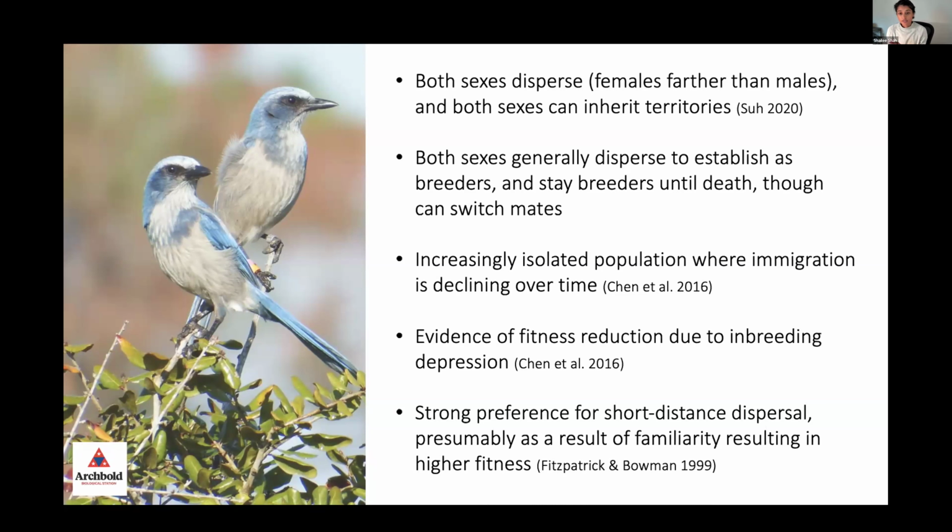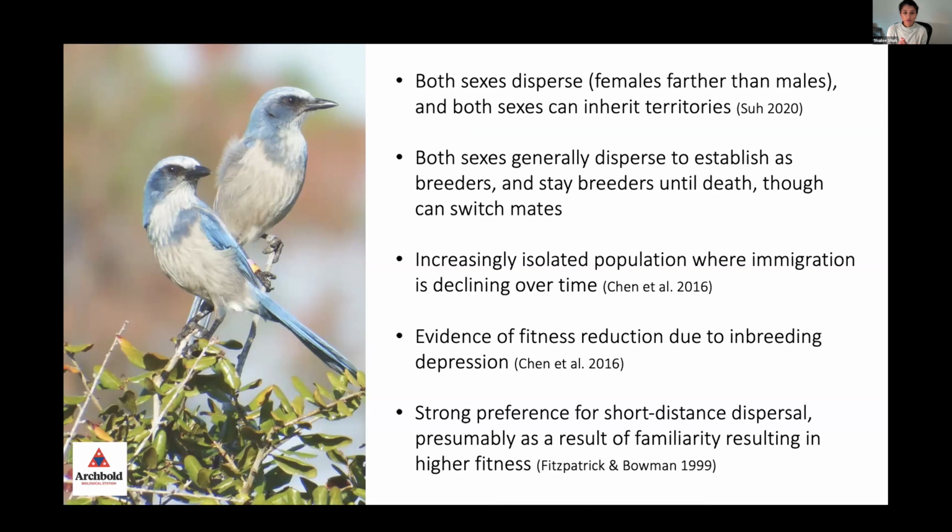Both sexes generally disperse to establish as breeders and stay breeders until death, though they can sometimes switch mates. The Archbold population specifically is becoming increasingly isolated because immigration has been documented to be decreasing over time. Also, using genetic data, Nancy Chen showed in her 2016 paper that there's evidence of fitness reduction due to inbreeding depression in this population.